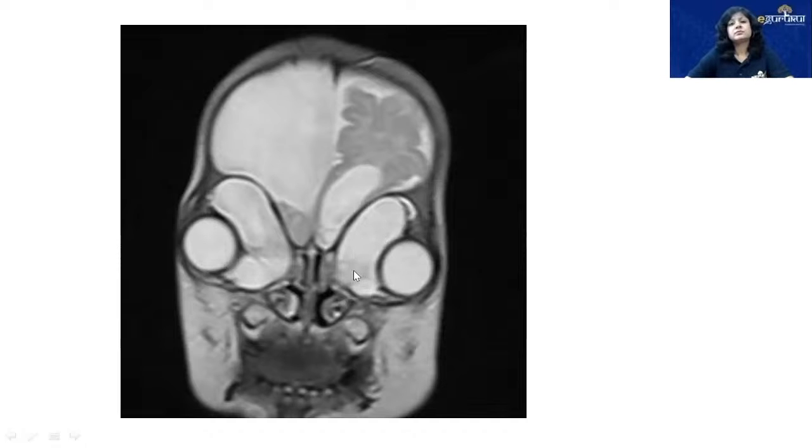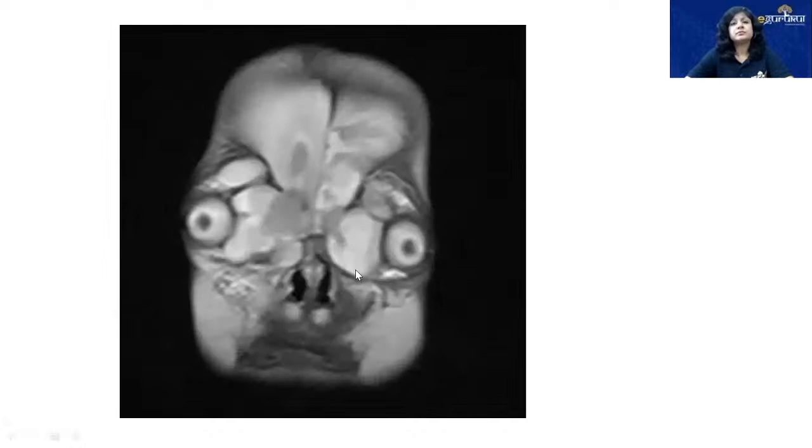But on a single image, you cannot really identify what is happening. If I scroll through the image, you could see a communication with the frontal lobe. So if it's only the meninges that are herniating, it's a meningocele. If a part of the brain is also herniating, that's an encephalocele that you can easily appreciate. Sometimes a single image might not be useful. When you see the entire stack, you will be able to identify it in a much better way.